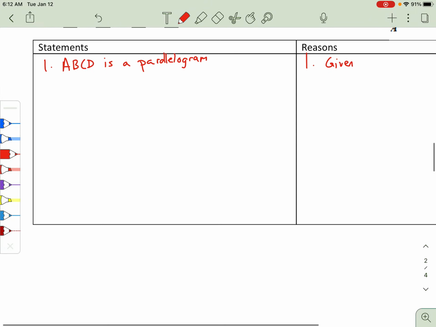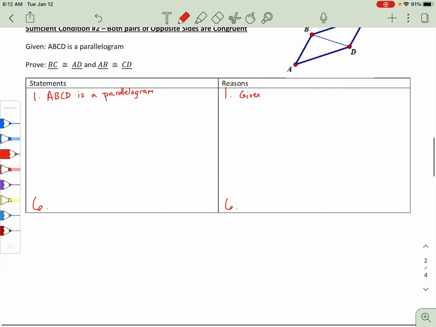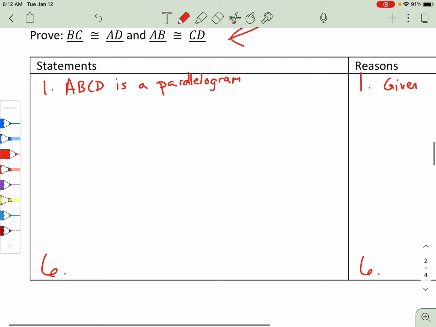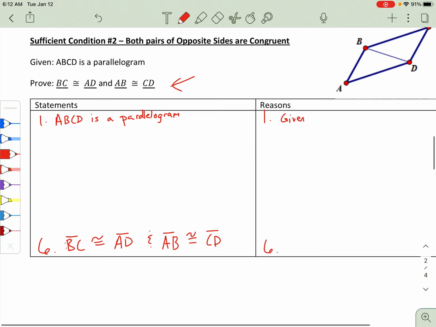All right, and this one's got 6 steps as well. And again, we want to prove right here that BC is congruent to AD, and AB is congruent to CD. And then we just have to figure out why.